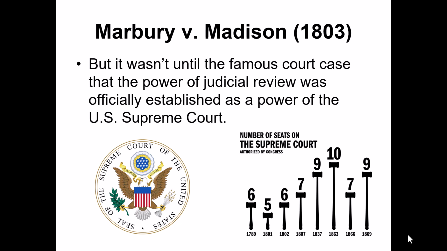I do want to note that there's an interesting sidebar here in that we will be talking about the second president of the United States, John Adams, and the third president of the United States, Thomas Jefferson.